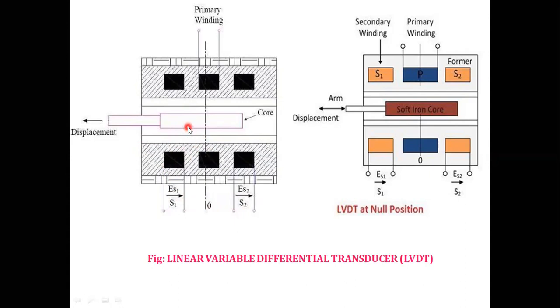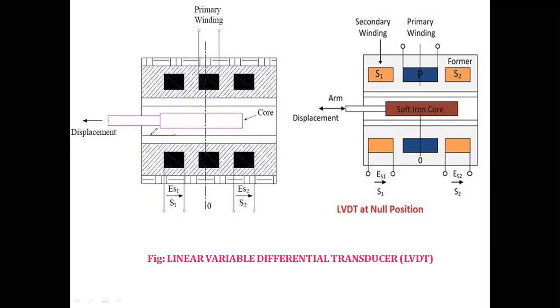If this core material is moved to the right hand side, then the secondary winding potential of S2 is going to be greater than that of S1. That means ES2 is greater than ES1.